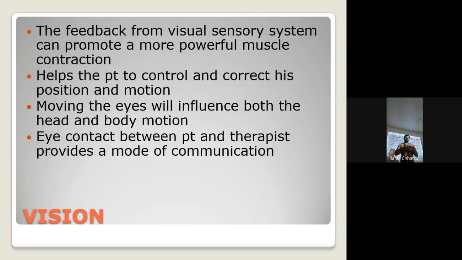So vision is important. Visual contact of the therapist with the patient is also important. If the patient is continuously in visual contact, it builds up confidence in the treatment, as well as motivation for the patient to do activities more frequently and with correct mechanics or correct principles.